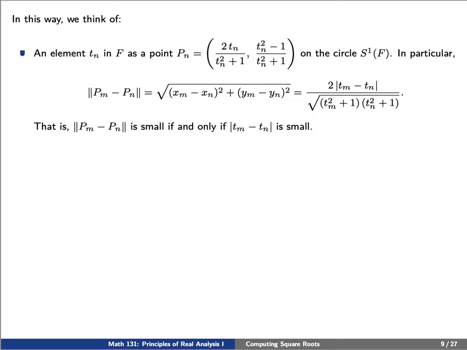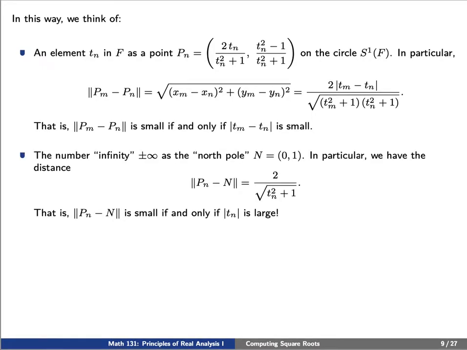In particular, the Euclidean distance between 2 points p sub m and p sub n can be expressed in terms of the absolute value t sub m minus t sub n. This means that the 2 points p sub m and p sub n are close together, that is, the Euclidean distance is small, if and only if the absolute value t sub m minus t sub n is small.